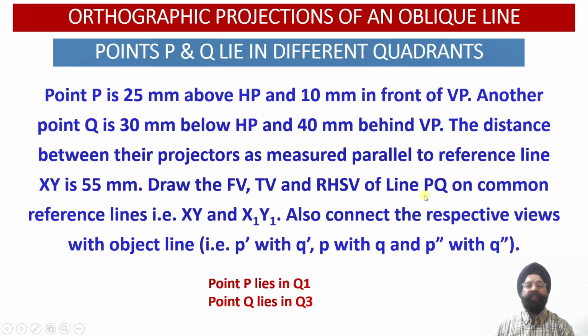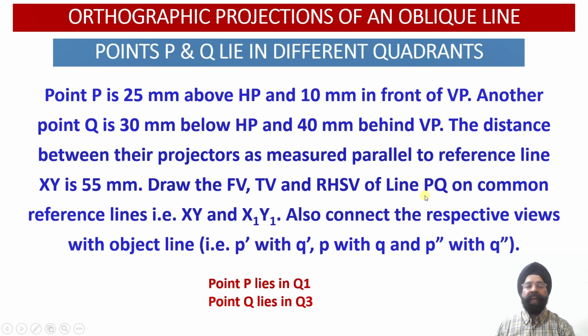Similarly, if we evaluate the top view projections of this line, we will observe that point P will be lying below the XY reference line, while the top view projection corresponding to the point Q will be lying above the XY reference line. So joining the top view projections P with Q will mean that point P is below the XY reference line and point Q is above the XY reference line.